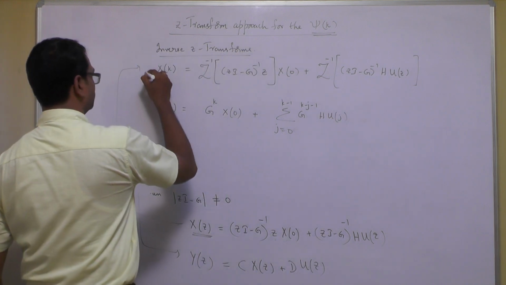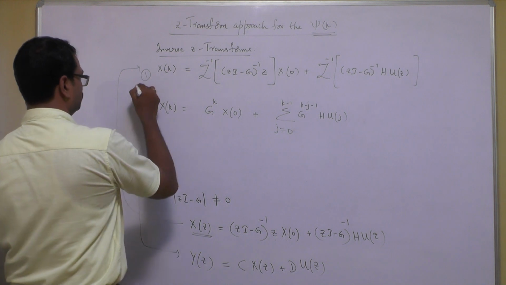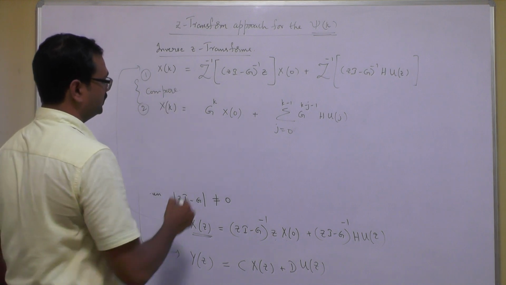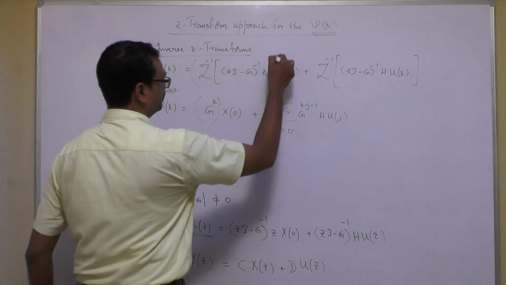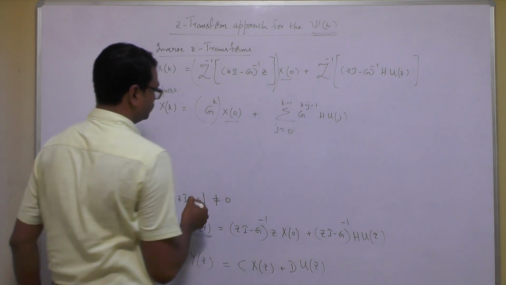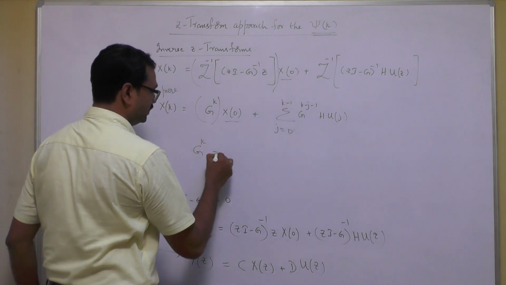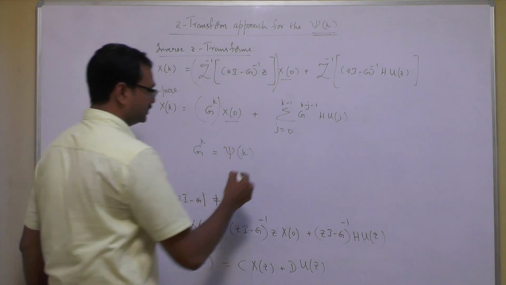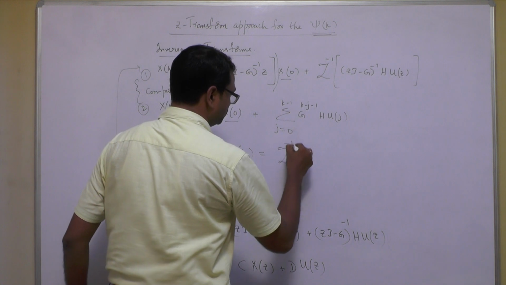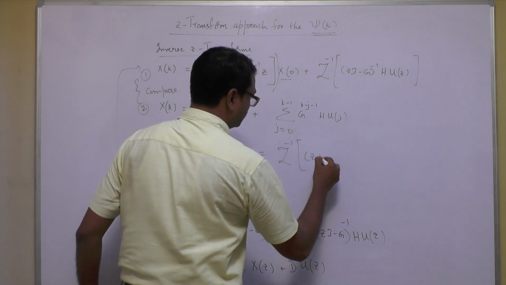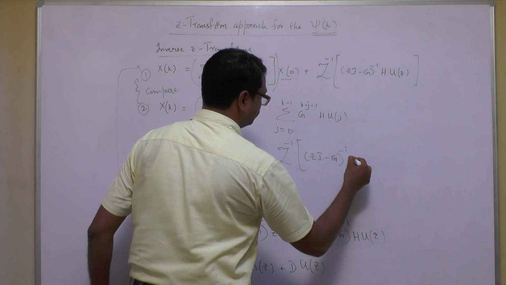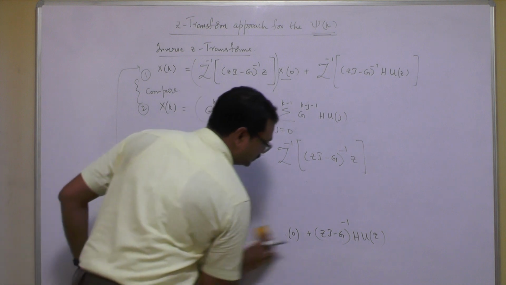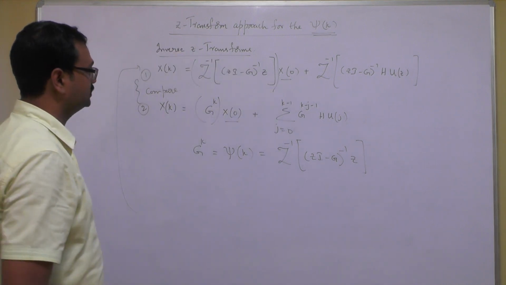Now comparing these two equations, equations 1 and 2, you can say that G power k multiplies x of 0. Therefore G power k, which we have already discussed is psi of k, the state transition matrix, you can call this z inverse of (zI minus G) whole inverse into z.